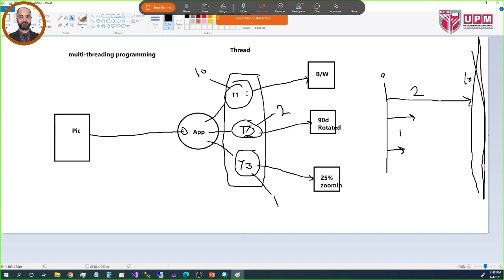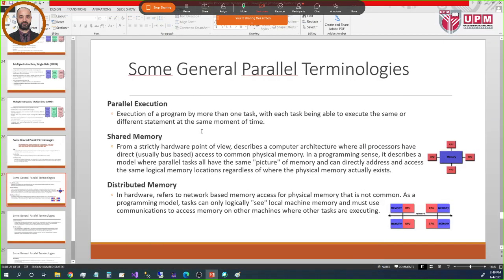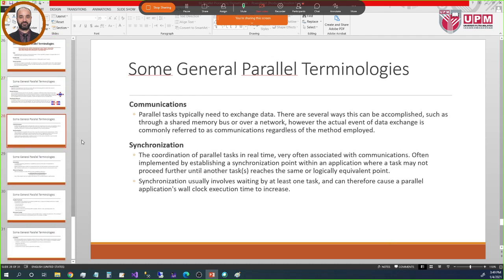So task 1 until it finished, then task 2 until it finished, then task 3 until it finished. Parallel execution means executing tasks in parallel or concurrently. Shared memory and distributed memory, as I explained before; I'm not going to repeat that.